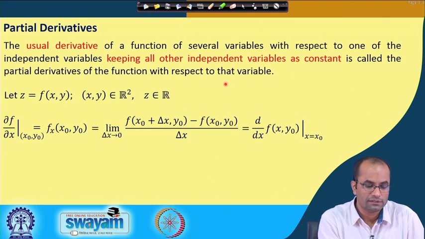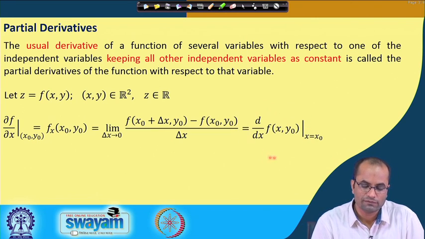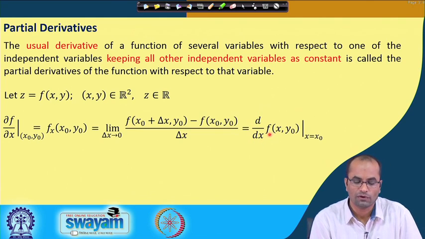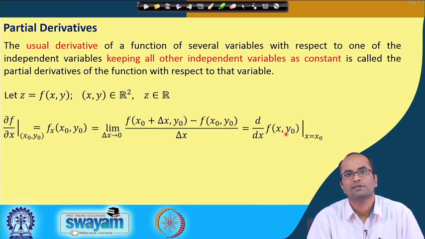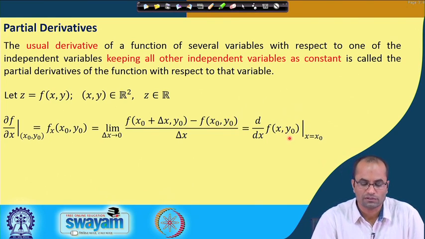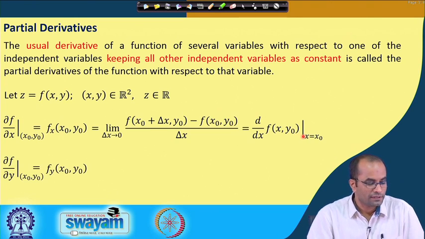So, as written there, it is a usual derivative d over dx of this function, which is a function of x because we have substituted y equal to y0, the constant value of y.